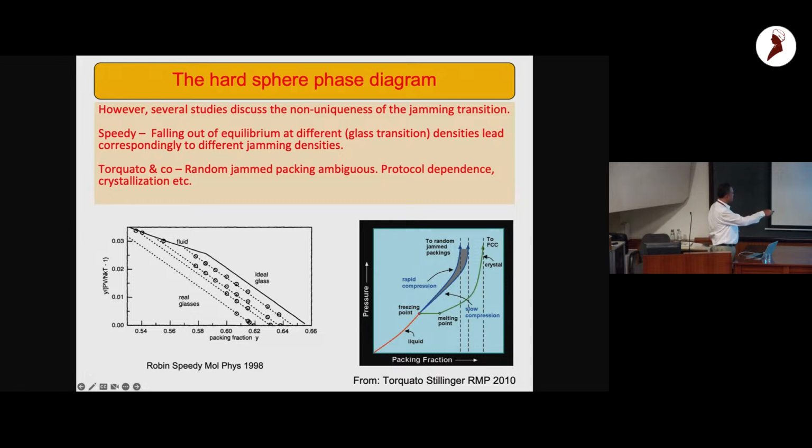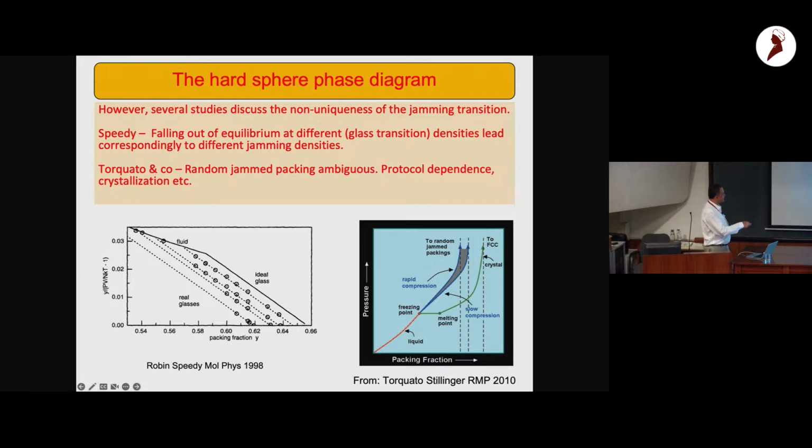The liquid branch comes like this, the equilibrium fluid branch, and if along this branch you were to fall out of equilibrium at different densities, and then upon further compression follow a different equation of state, the glass equation of state, then you end up at different points along the x-axis where the quantity plotted on the y-axis, the inverse pressure, goes to 0, and that would correspond to the jamming point. Okay? So this picture is very much like the picture of a glass undergoing the glass transition at different temperatures, depending on how fast you cooled it.